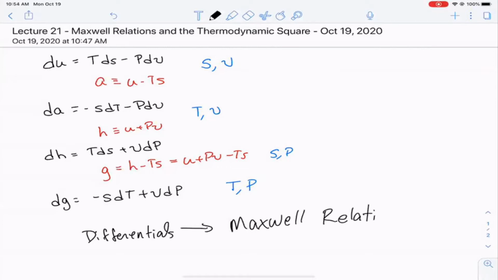It turns out that we've already used the result of three Maxwell relations this semester. We're just doing the math on the back end instead of on the front end, hopefully to make the material a little bit more accessible to everybody, okay?